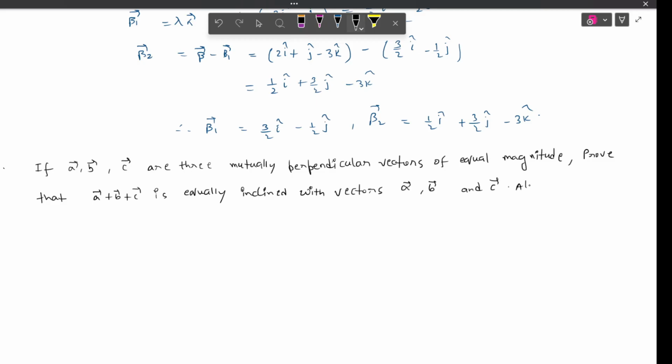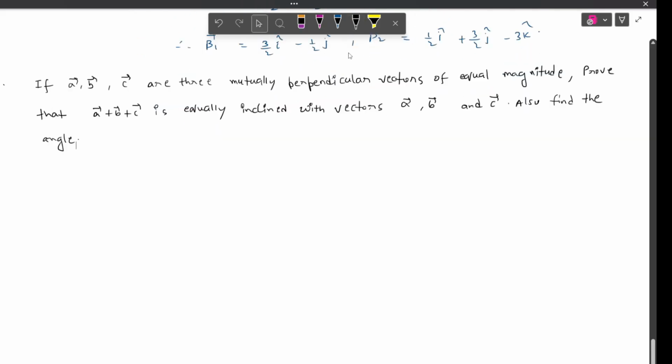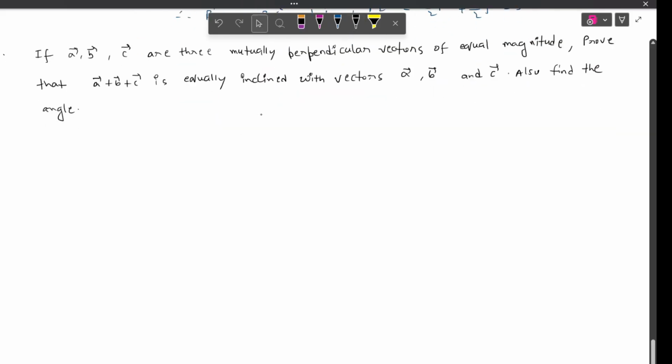Also find the angle. Okay, so let's see the solution.